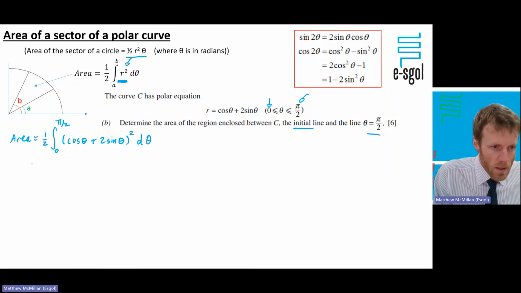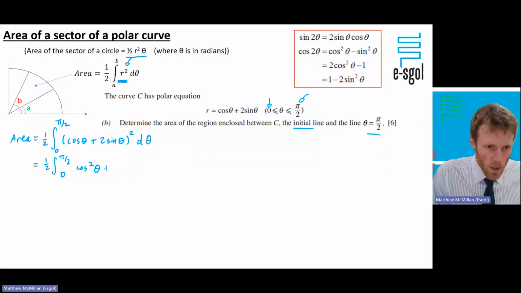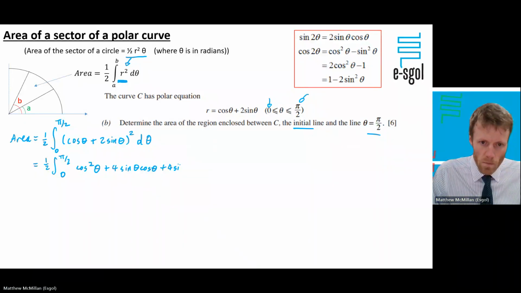When we do square it, half, pi over 2, 0, we get cos squared theta plus 4 sine theta cos theta plus 4 sine squared theta. And we're integrating with respect to theta.